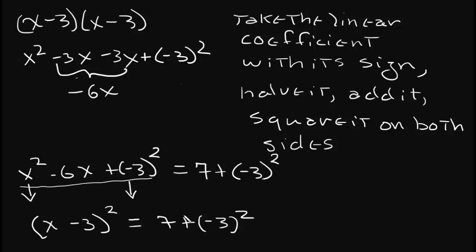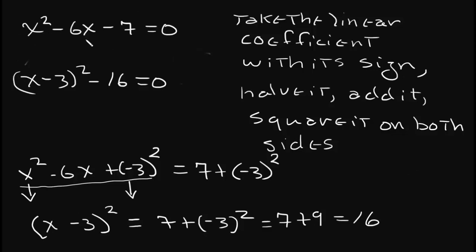On the other side of the equation, we decided that x minus 3 squared was equal to 7 plus negative 3 squared, and that's going to be equal to 7 plus, well, negative 3 times negative 3 will give us a positive 9, and 7 plus 9 is 16. We changed the form of the equation, but we didn't change the meaning at all, because when we added a negative 3 squared to both sides, we did something entirely legitimate.